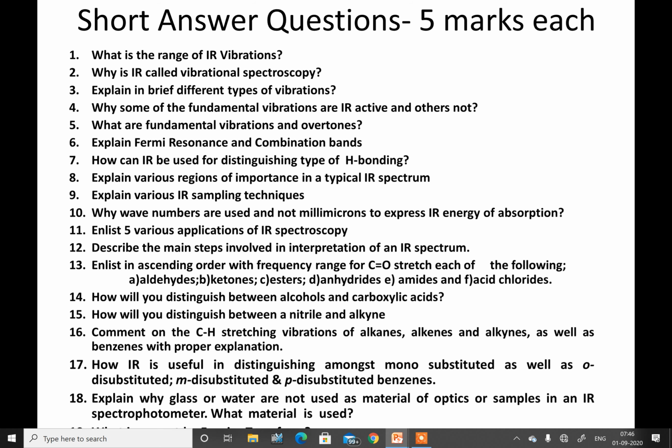How is IR useful in distinguishing amongst monosubstituted as well as ortho-disubstituted, meta-disubstituted, para-disubstituted benzenes? Explain why glass or water are not used as material of optics or samples in an IR spectrophotometer, and what material is used then.